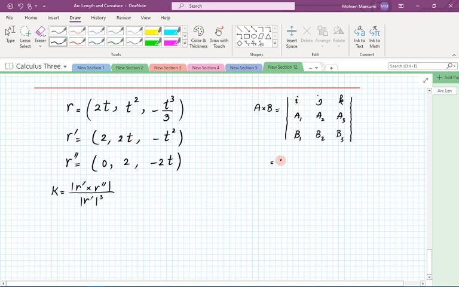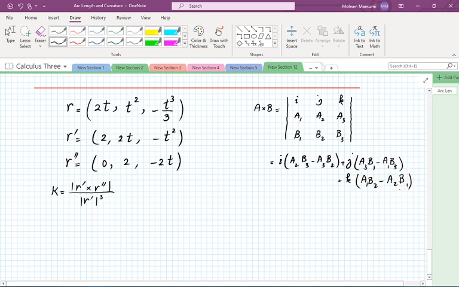So i multiplied by the determinant of this. You typically draw diagonals and follow the diagonals, however is comfortable to you. A2, so you want to consult your textbook for a review of this. j times A3 B1 minus A1 B3, so I didn't make enough room. k times A1 B2 minus A2 B1.